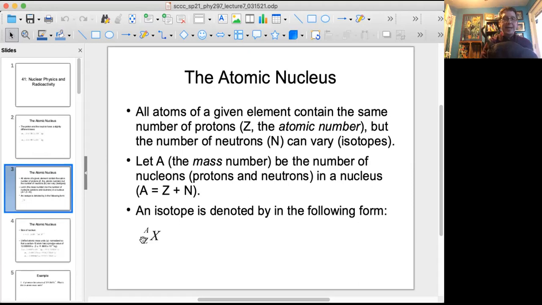And then Z is simply the number of protons, or the atomic number. Sometimes the Z is optional because the chemical symbol will imply what the value of Z is. But usually you will see it written with the number of protons plus neutrons in the top left corner.